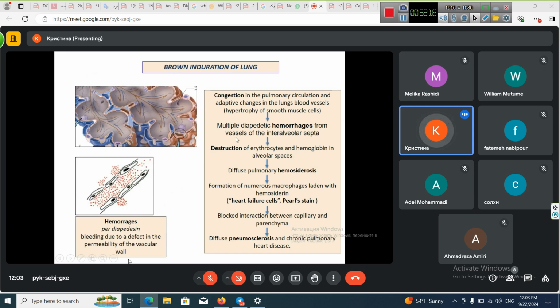Then multiple diapedetic hemorrhages from vessels of intraalveolar septa. What does it mean? Multiple diapedetic hemorrhages. Hemorrhage means bleeding. Diapedetic means hemorrhage per diapedesem, bleeding due to a defect in the permeability of the vascular wall.